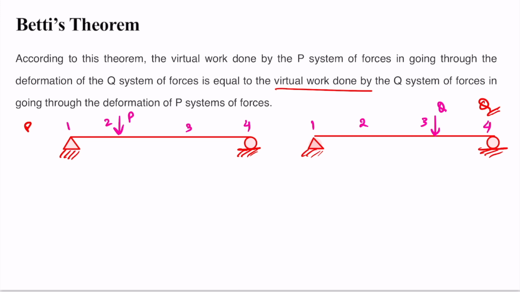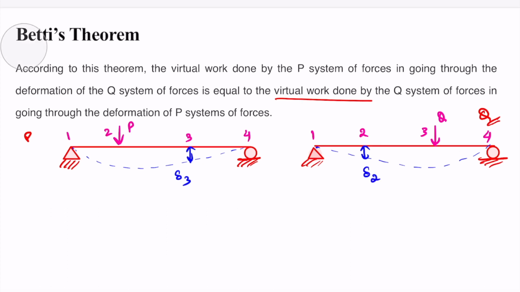Now because of this P loading, this simply supported beam will deflect like this, and because of this Q loading, this beam will deflect like this. Let's call the deflection at point 3 delta 3, and the deflection at point 2 delta 2.